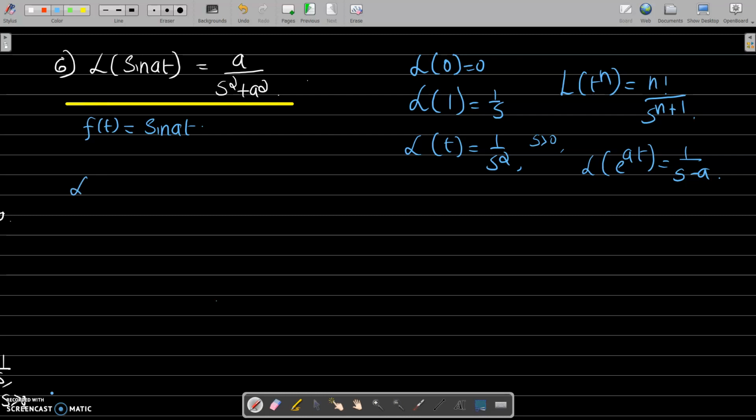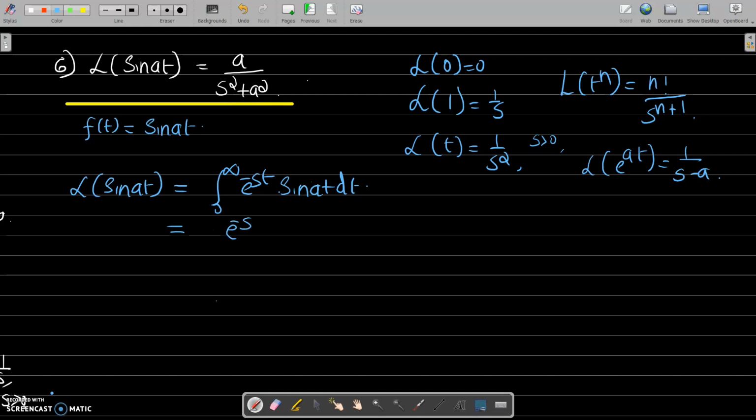Then Laplace transform of sine at is defined as integral from 0 to infinity e raised to minus st into sine at dt. And I can integrate this as this is the first function and this is the second function.